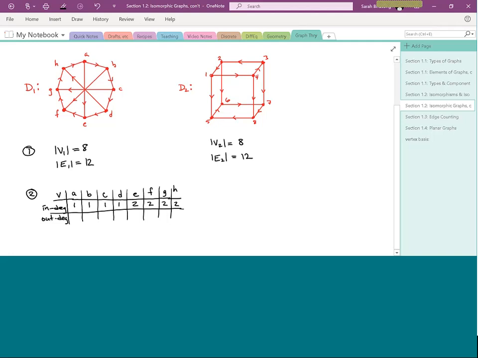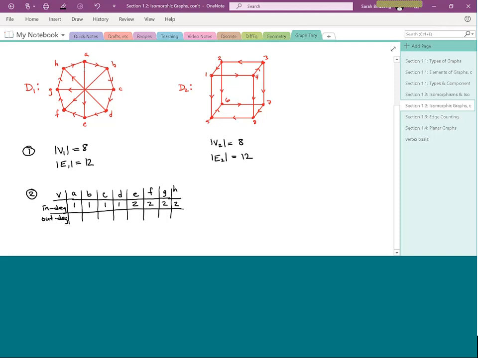Now let's check for our out degrees. What do you think the out degree is for, and let's just group them together, the first 4 vertices, A through D? Any guesses on the out degree for those guys? Yep.